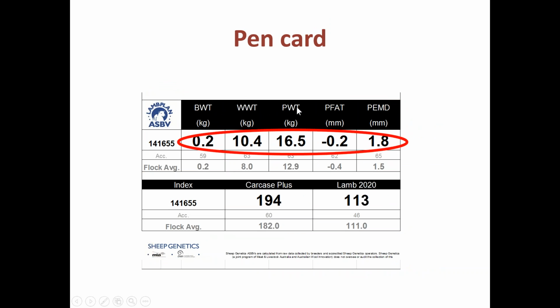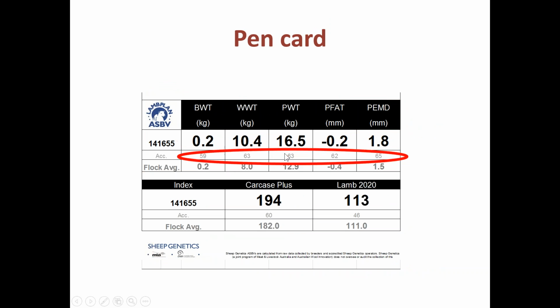So for this trait, PWT is post-weaning weight, a value of 16.5. Then there is an accuracy value, and if you're a commercial ram buyer, you don't need to differentiate based on that. Basically, the reason why it's there is to tell you it's an ASBV. So if there is a number in that accuracy area, then you know it's an ASBV.